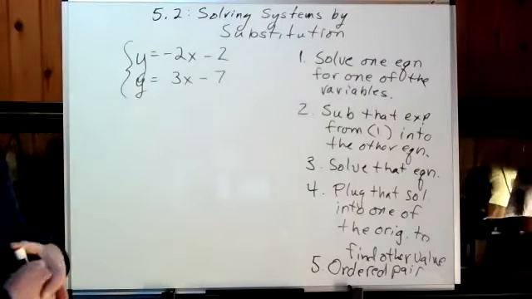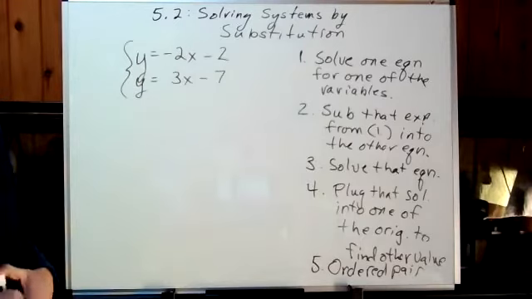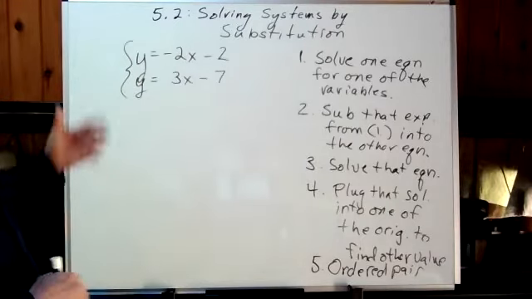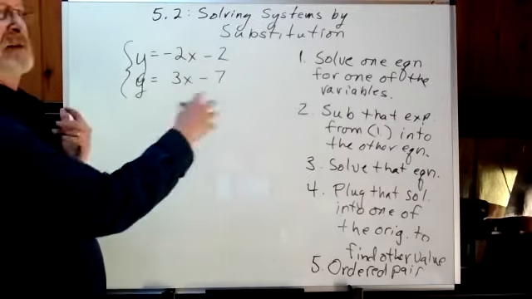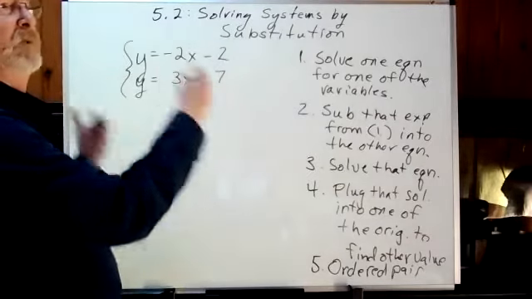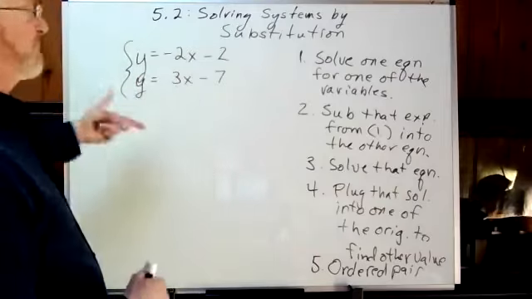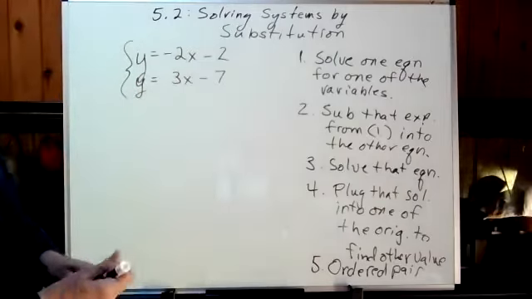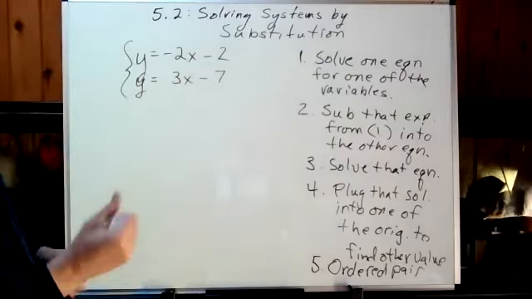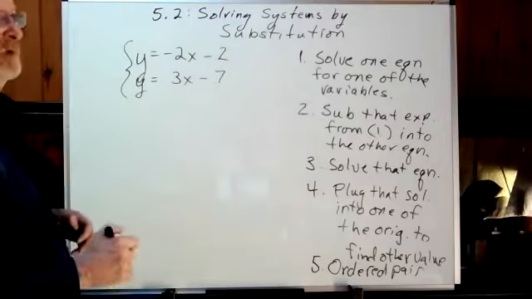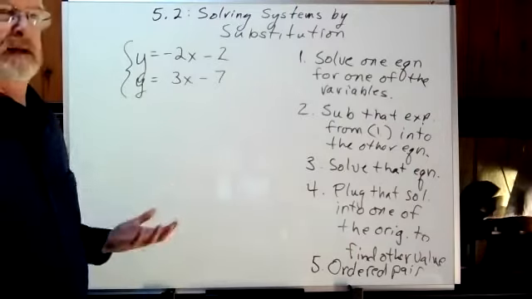So this was one similar to how I finished up last time. We saw many of those where x's and y's were on one side. We had to pick one of the variables and choose which one we wanted to solve for. Well, these are both solved for y already. So here I use the word easy carefully, but you don't have to do any extra work.